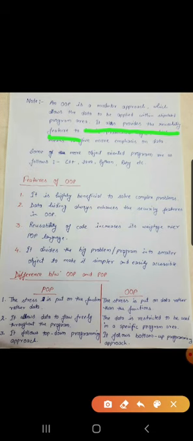Now, features of OOP, object oriented programming. It is highly beneficial to solve complex problems. Object oriented programming is highly beneficial to solve complex problems which we are not able to solve in POP.